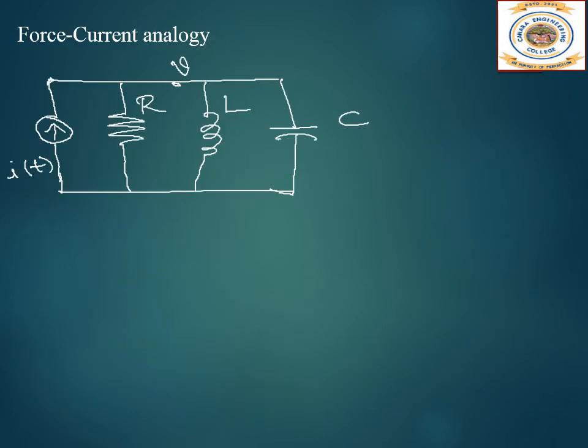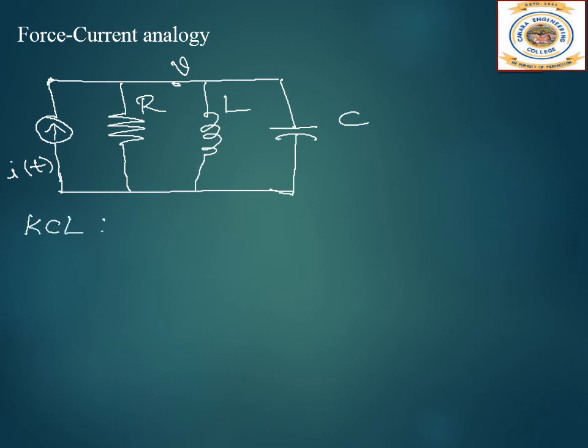So now let us consider the force current analogy. In this we have taken a circuit. Previously for force voltage we took a series electrical circuit. In this we will consider a parallel circuit with the current source as the source over here. So if I write the equation, here we have to apply the KCL.